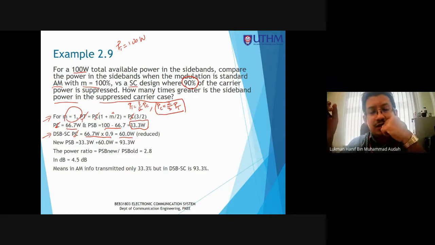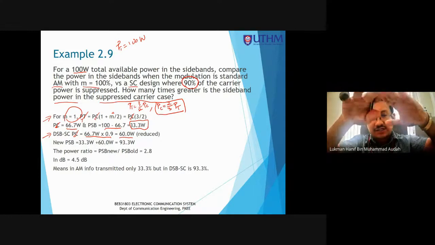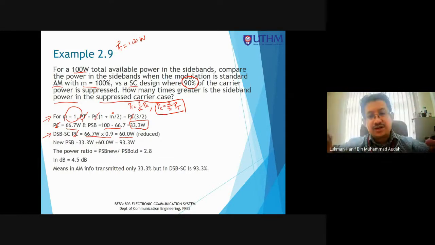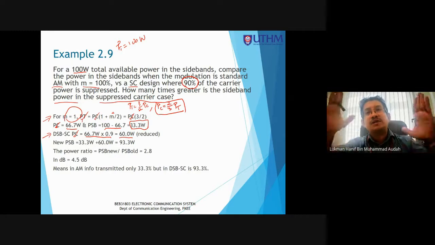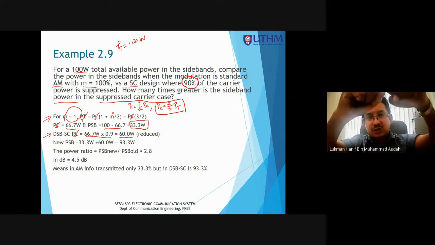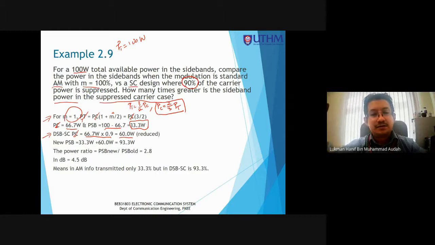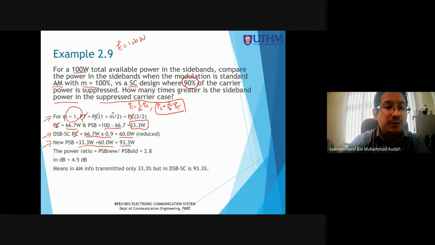Okay, and dalam example ini dikatakan bahawa power yang kita suppress itu diagihkan kepada sideband. Maknanya that 60 watt is distributed to the sidebands. That means sideband power akan bertambah sebanyak 60 watt. Sebab tadi 90% itu dia bahagikan kepada sidebands. Okay, so dilihat di sini P sidebands is equal to 33.3 plus 60 watt. So dia jadi 93.3 watt. So perhatikan asalnya tadi dalam double sideband full carrier 33.3.